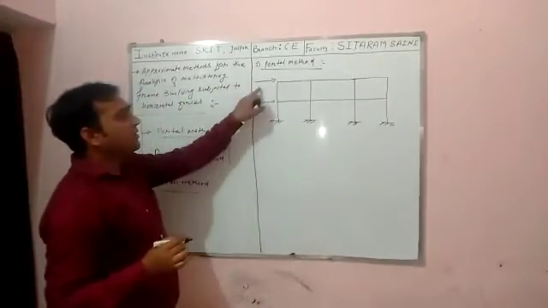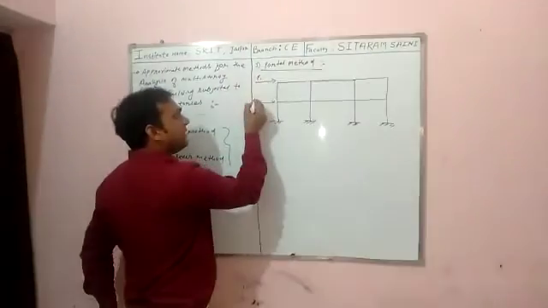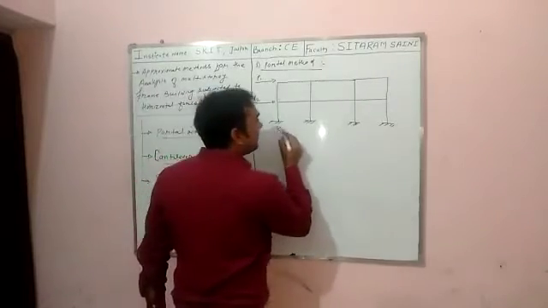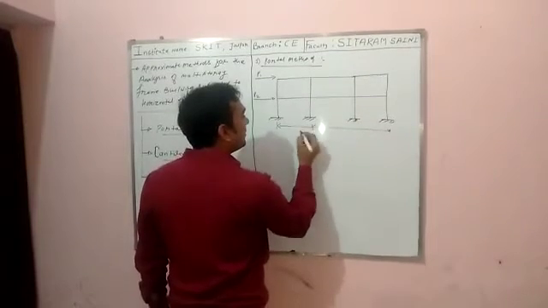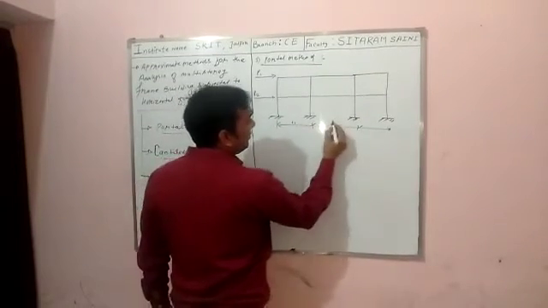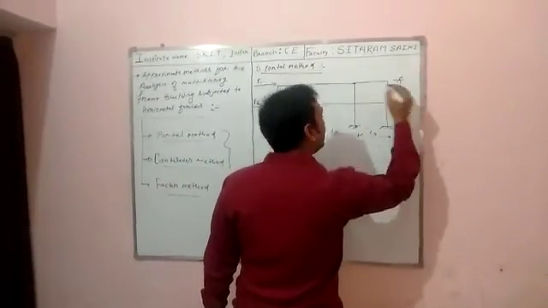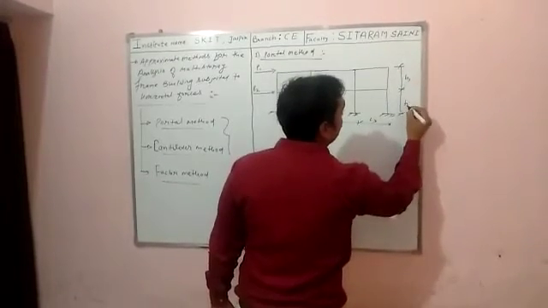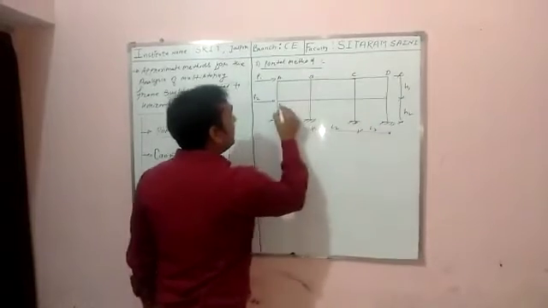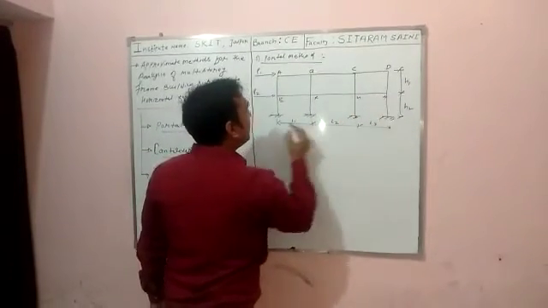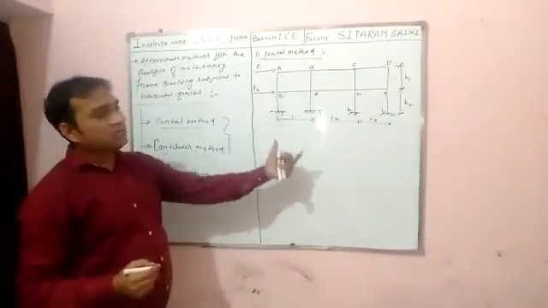These are 1 and 2, windward direction horizontal forces P1 and P2, and in the x direction 3 bays 1, 2 and 3, having lengths L1, L2 and L3, and the heights H1 and H2. A, B, C, D, E, F, G, H, I, J, K, L. This is the multi-story frame building.